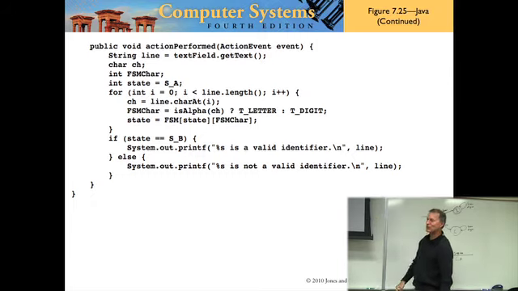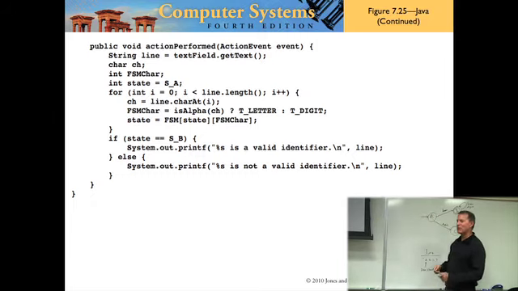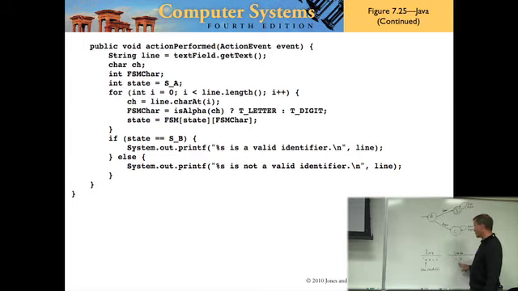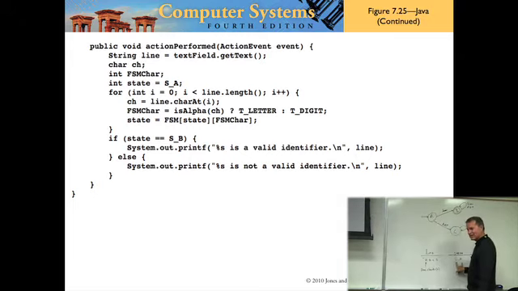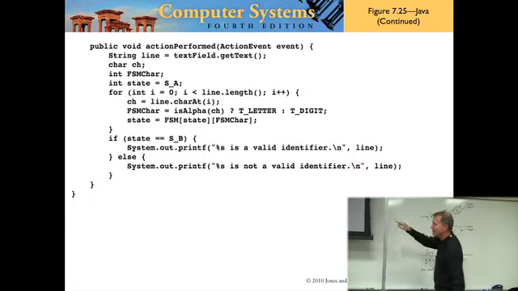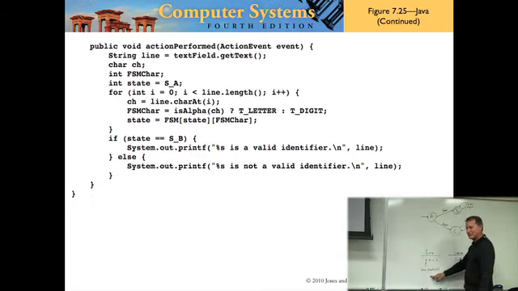It's looking up in the table, given what the current character is and what the current state is. Notice what it puts in the subscript: state, which is the current state, and FSM char, which is the current character.